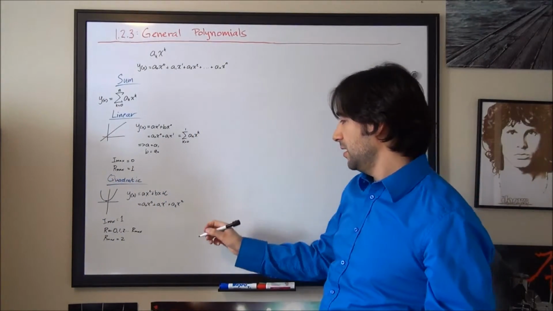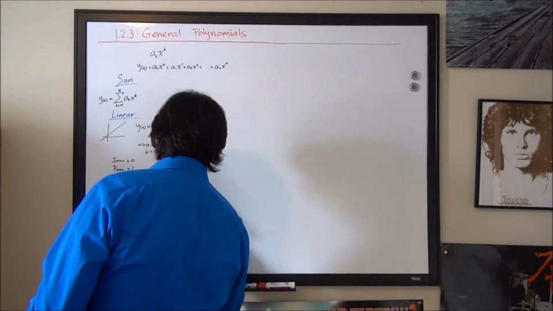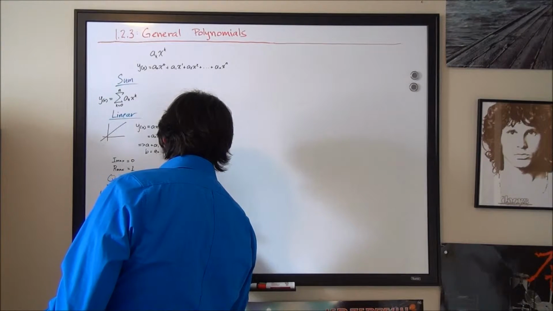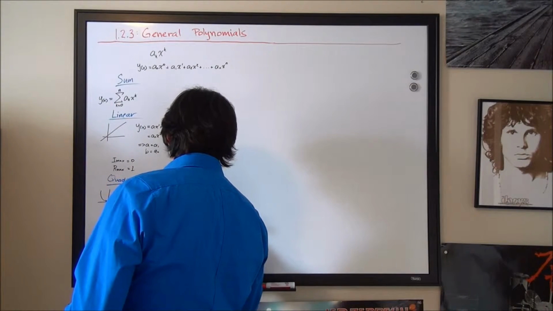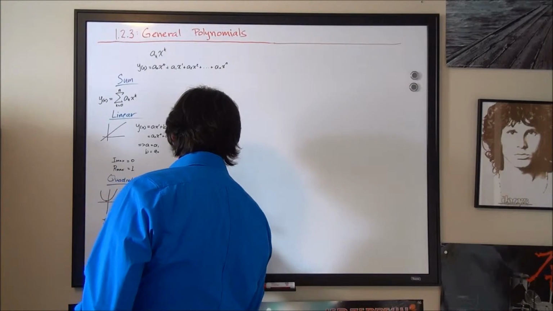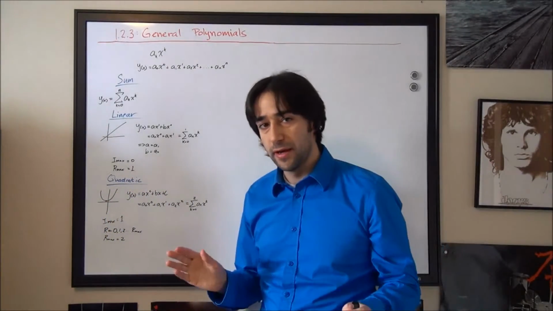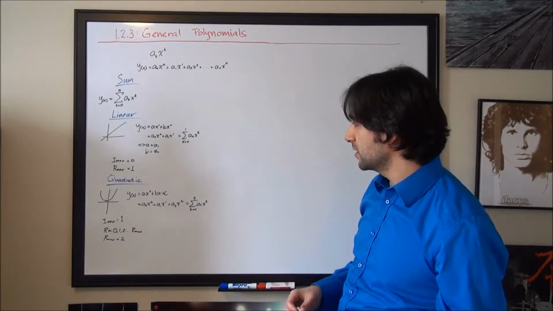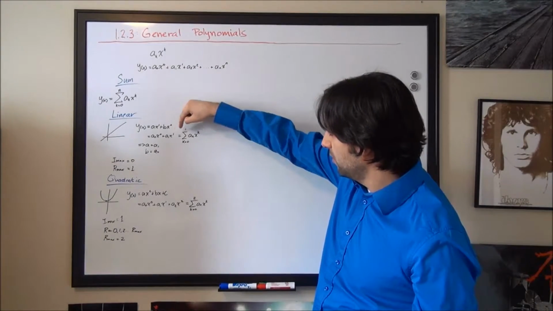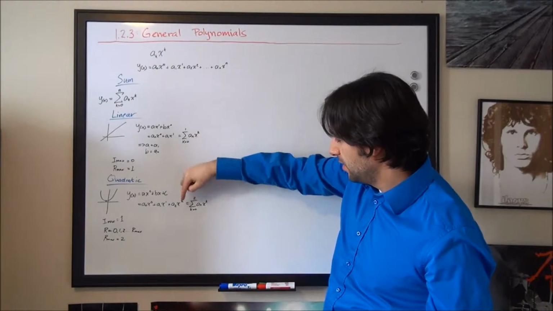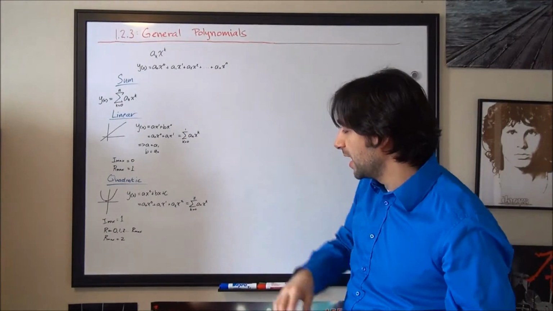And I could do the same thing here. Now, there are two things that are very important here. First of all, it's important to notice that this power becomes the new n value. This highest power becomes the new n value.